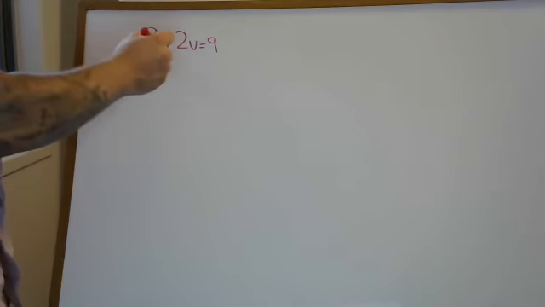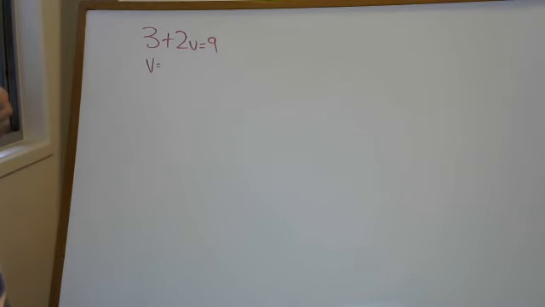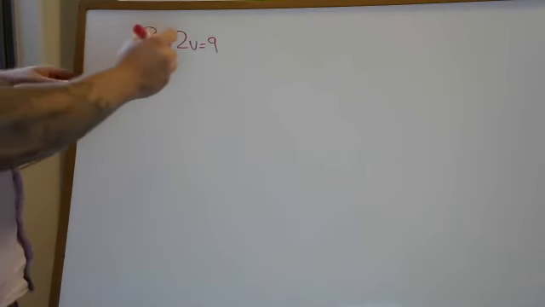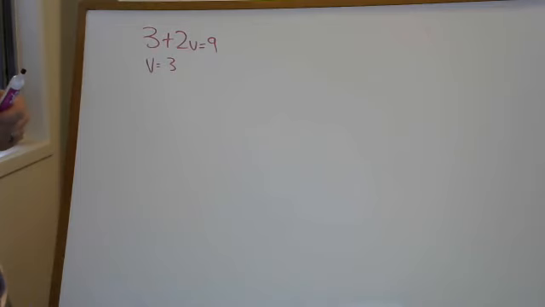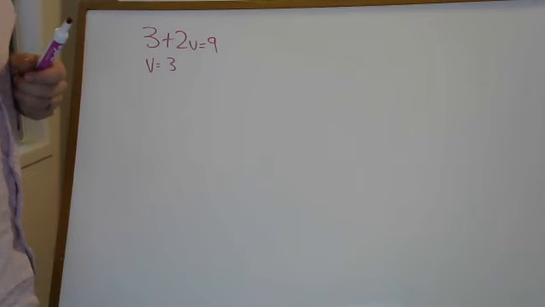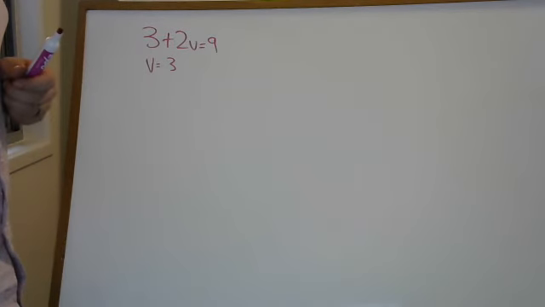What is the value of b? 3 plus 2 times 3 equals 9. Yes, equals 9. B equals 3, sorry. 3.